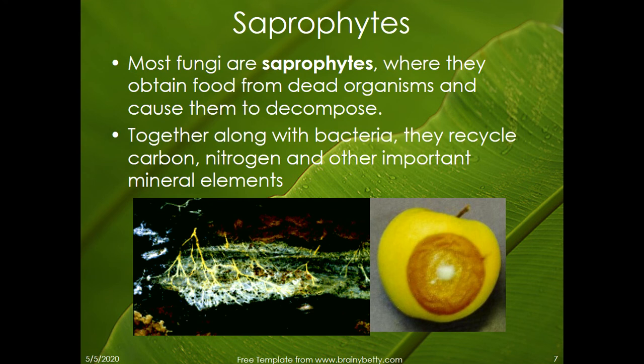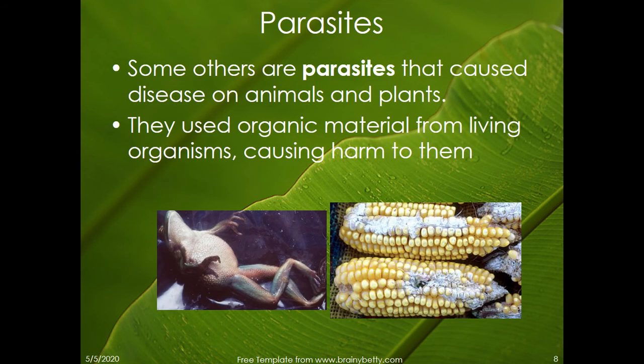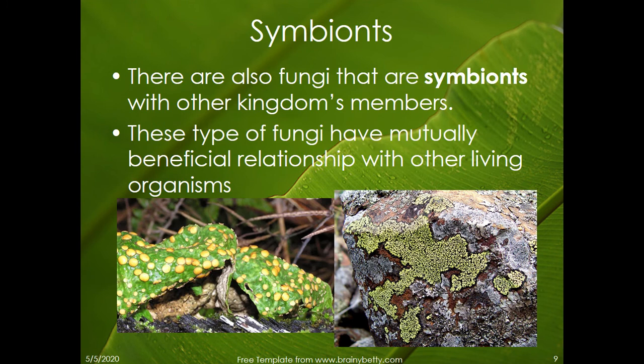Another way to obtain food is by being a parasite, in which they cause a disease in animals and also in plants. They use the organic material from a living organism and cause harm to the organism.